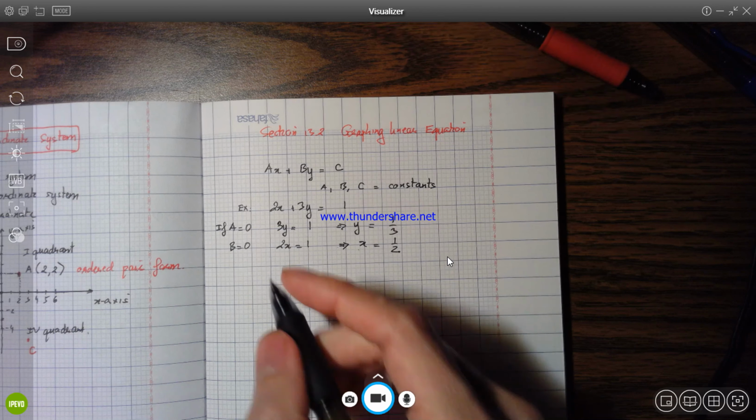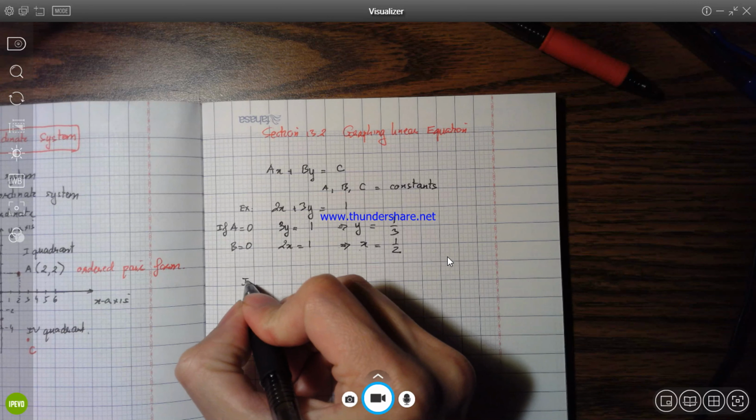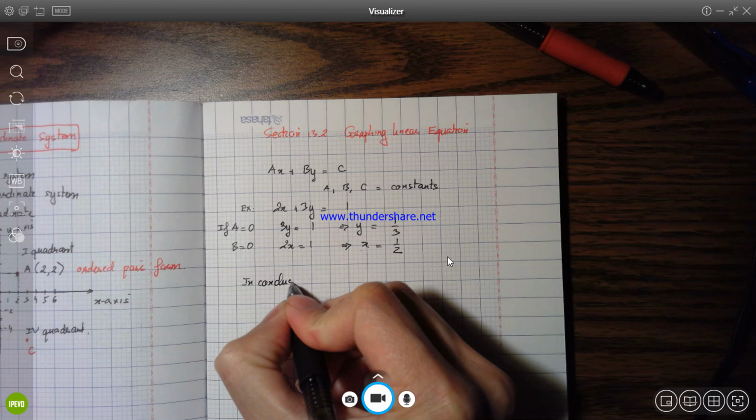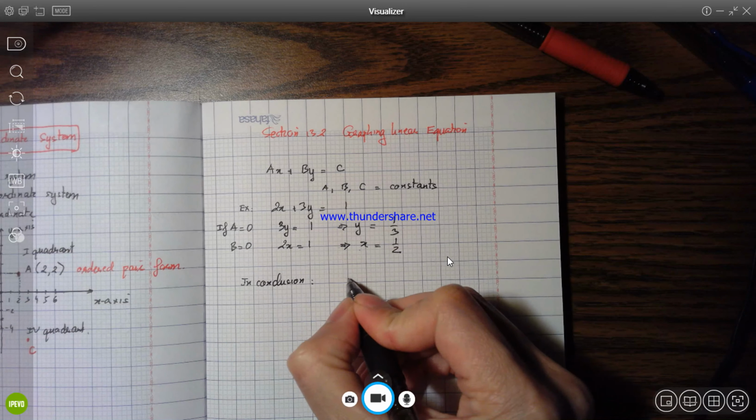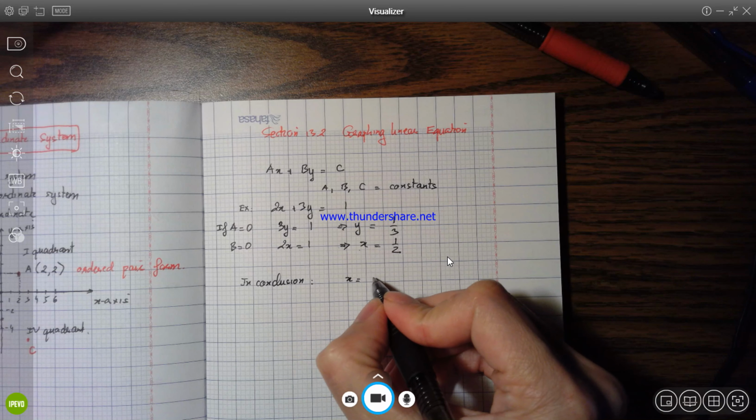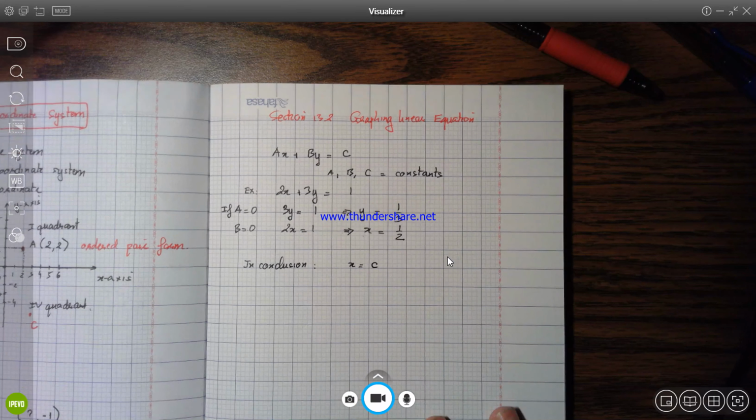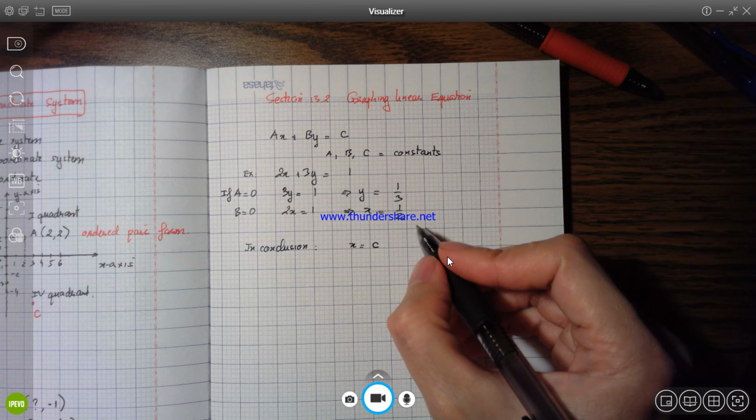So I can conclude, if x equals a number c, then we will have a vertical line.